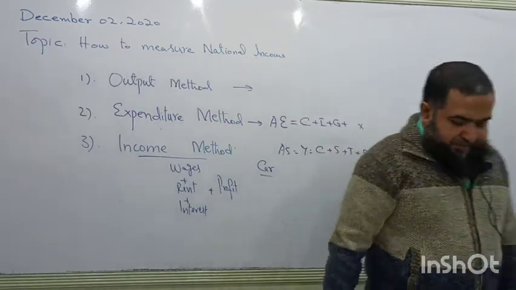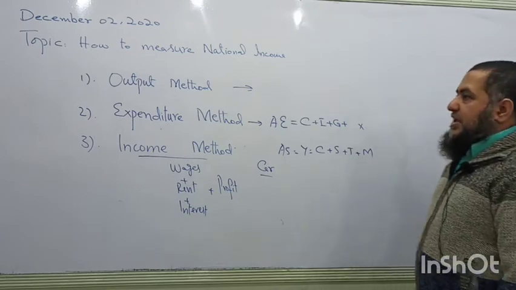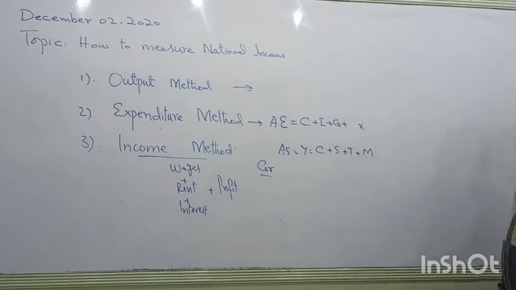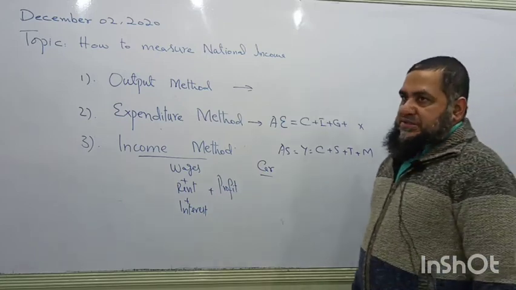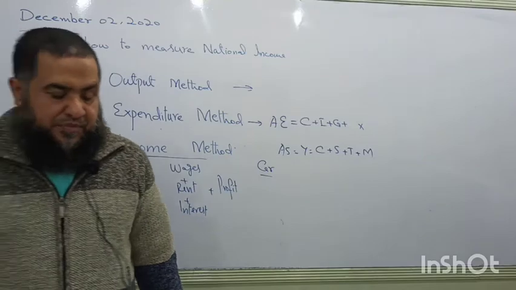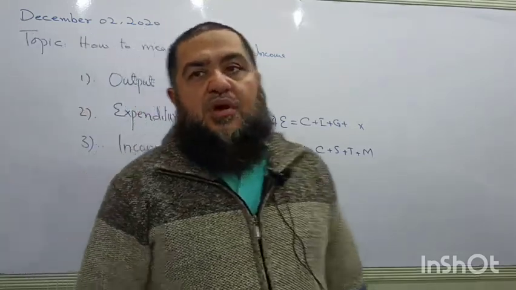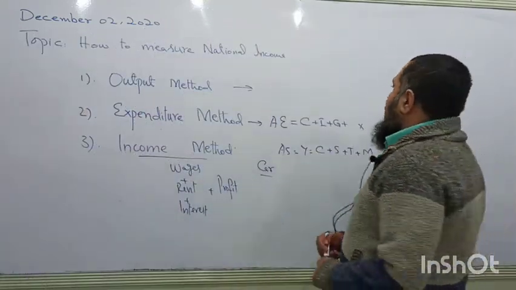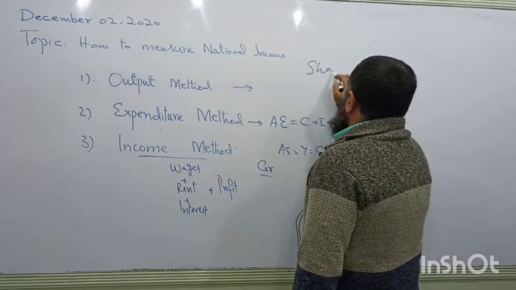The government, different departments, they start measuring national income because it is important to have accurate measurement. But keep it in mind, sometimes we are having inaccurate measurements. What are the reasons behind it? The reason can be the shadow economy or grey economy. Shadow economy means what?